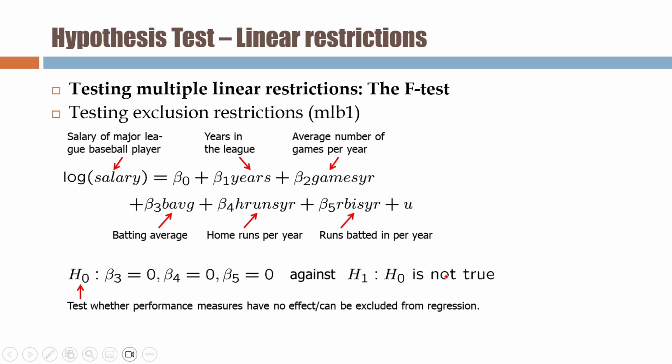That's typical, but however, we can do more than that. Even though we write it that way, this could be beta 3 equals beta 4 equals beta 5 equals 0, but we have more than that, beta 1 and beta 2, only beta 3, beta 4, beta 5.